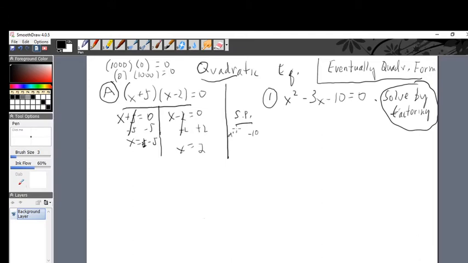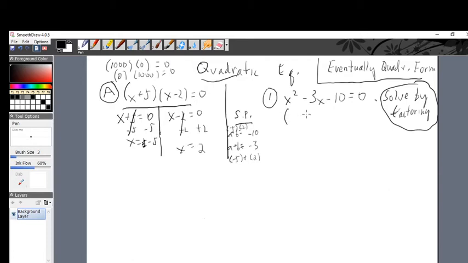A times b has got to be equal to negative 10, and a plus b has got to be equal to negative 3. What are the magic numbers? A times b is negative 10, and a plus b is equal to negative 3. The magic numbers are negative 5 and positive 2. Negative 5 times positive 2 is negative 10, and negative 5 plus positive 2 is equal to negative 3. Those are the magic numbers.